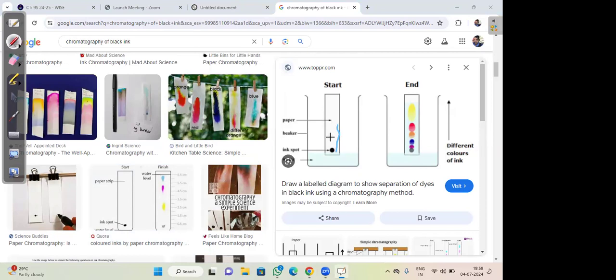Along with the water, the different components also start rising up. They get absorbed by this chromatography paper, and hence we can see the different color components. Got it? Any other doubts? No, sir. Black ink is made up of different other color components, so that is why in this process you get different color components.